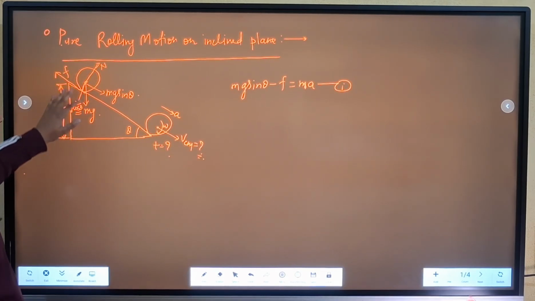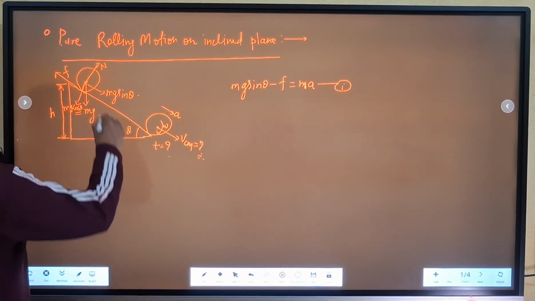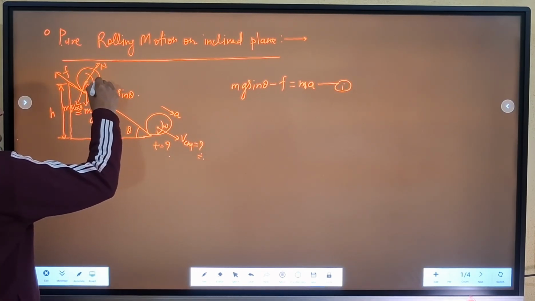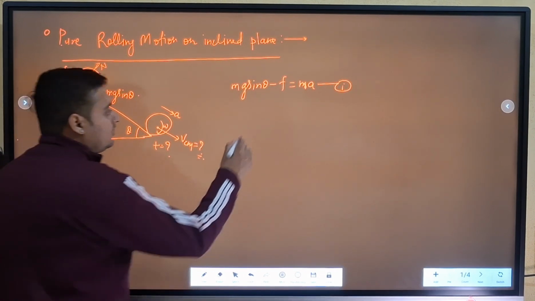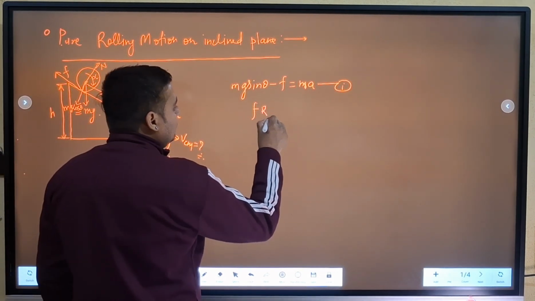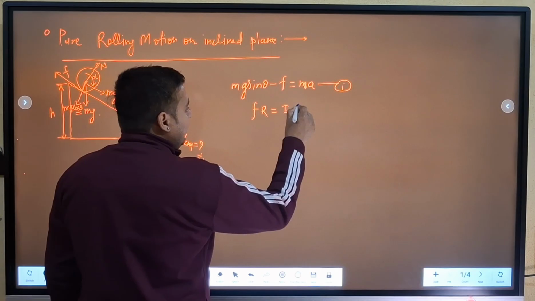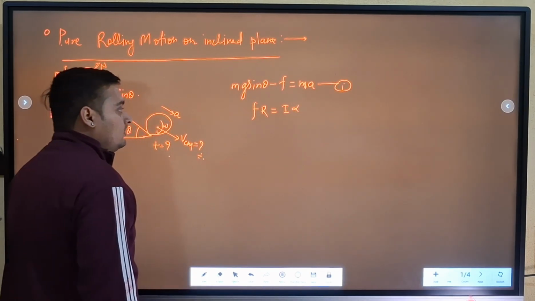The mg force is passing through the center of mass, it will not create torque. Only friction is acting away from the center of mass, which will create the torque, and this torque will be in the clockwise direction. So here we assume the clockwise direction, angular acceleration is alpha. So we will write the torque: Fr is equal to I alpha.